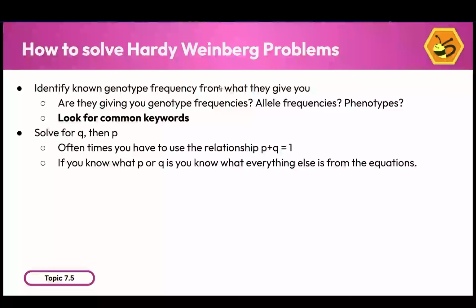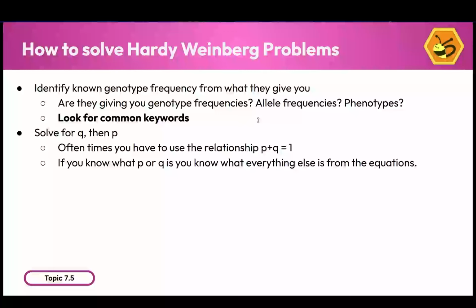The reason that you always want to solve for Q before P is because Q is often the recessive one. Heterozygous organisms always display the dominant trait. If someone has a dominant allele and a recessive allele, they always display that dominant trait.